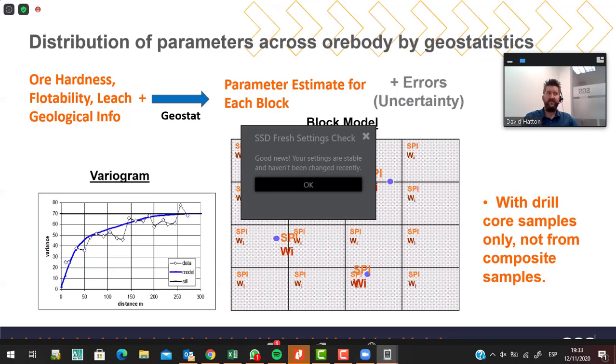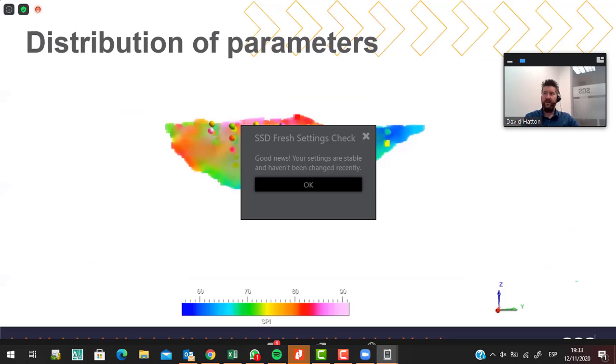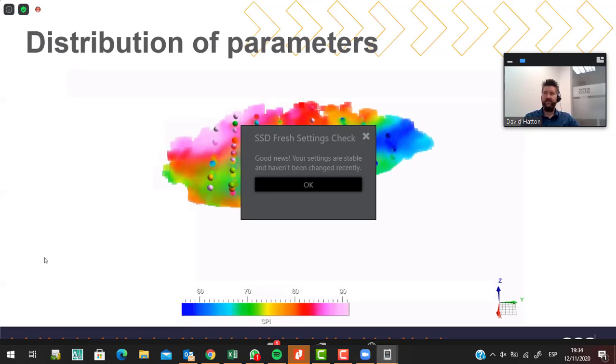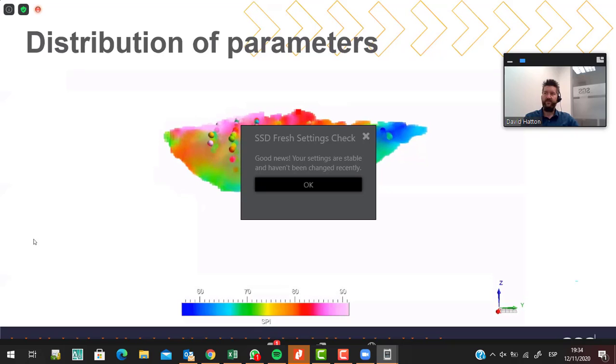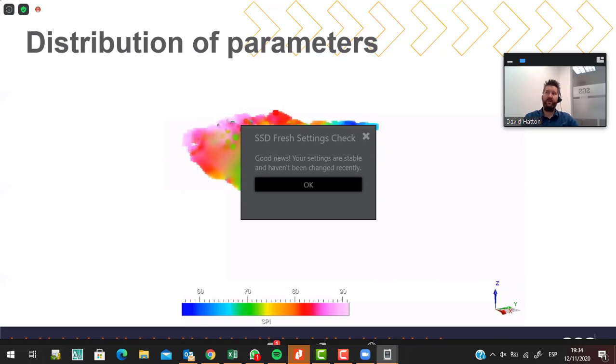That allows us to get block values in terms of hardness, SPI, whatever our metallurgical parameters are, distributed over the entire model. And so we end up with something that looks sort of like this, where we've got a distribution of our samples well distributed over the ore body. We've got the various hardnesses measured in terms of the colors, and you can see how those colors have then been distributed onto the blocks through our geostatistical distribution.